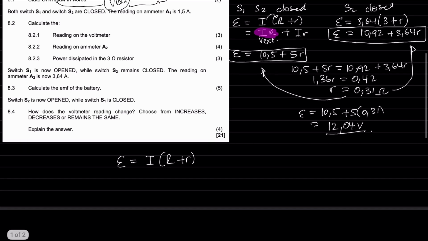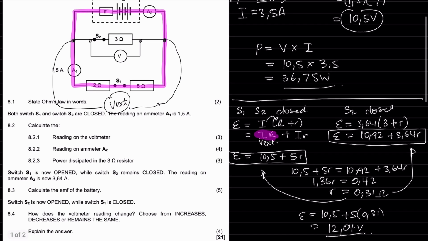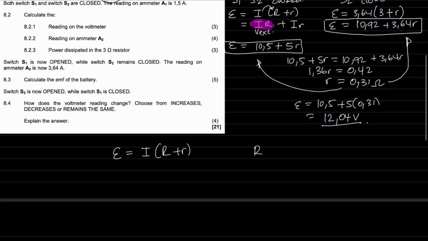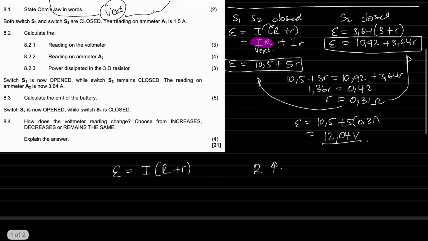Now, we can see that the total resistance has now increased, because remember, we are removing a resistor in parallel. If you remove a resistor in parallel, total resistance increases. So R increases, right? If R increases, that means that current will decrease.